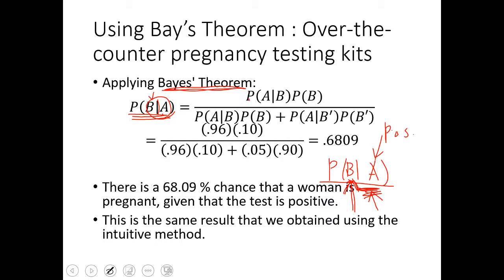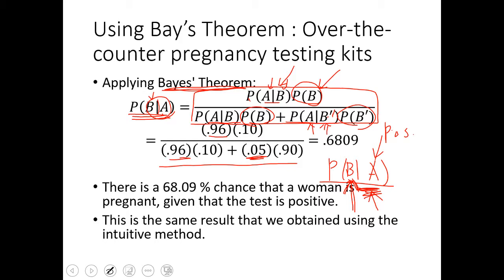But we know the probability of A given B, the probability of A given B prime, the probability of B and the probability of B prime. So using this equation, we put the values in. The probability of A given B is 96%, the probability of A given B prime is 5%, the probability of B is 10%, and the probability of B prime is 90%.